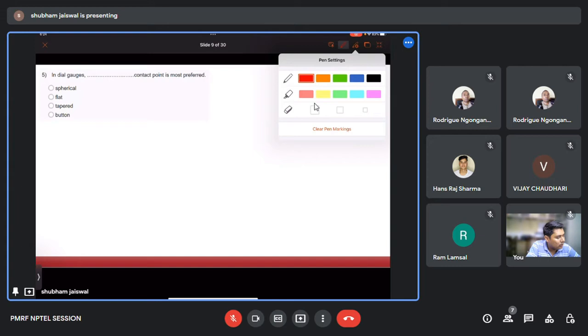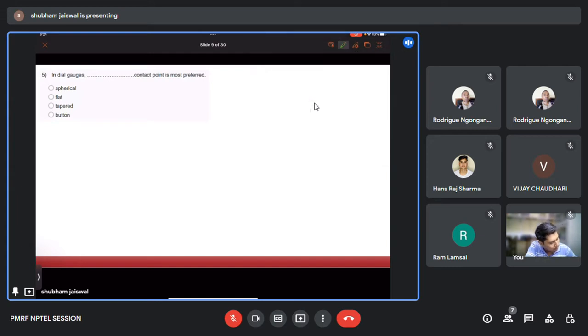Okay. So suppose I am having a spherical contact. This is the contact point, this one is the spherical. And I also have this, the flat one, and also the fourth one, the tapered. Okay.